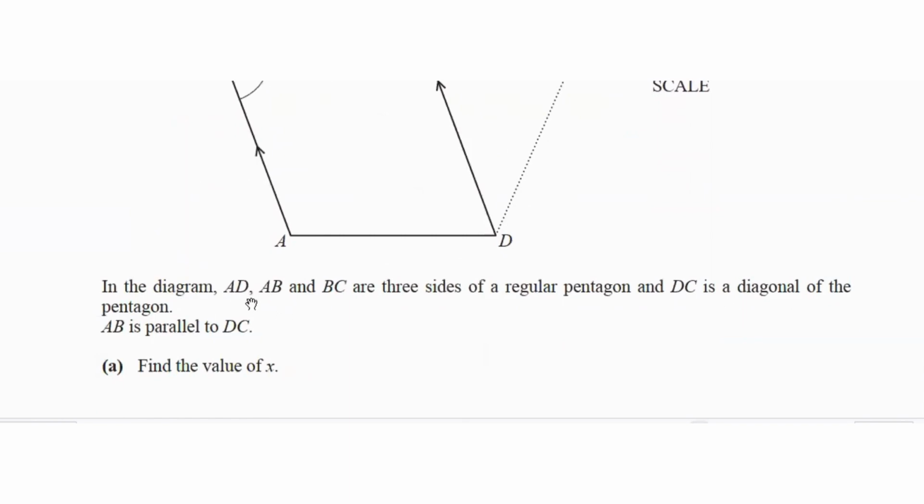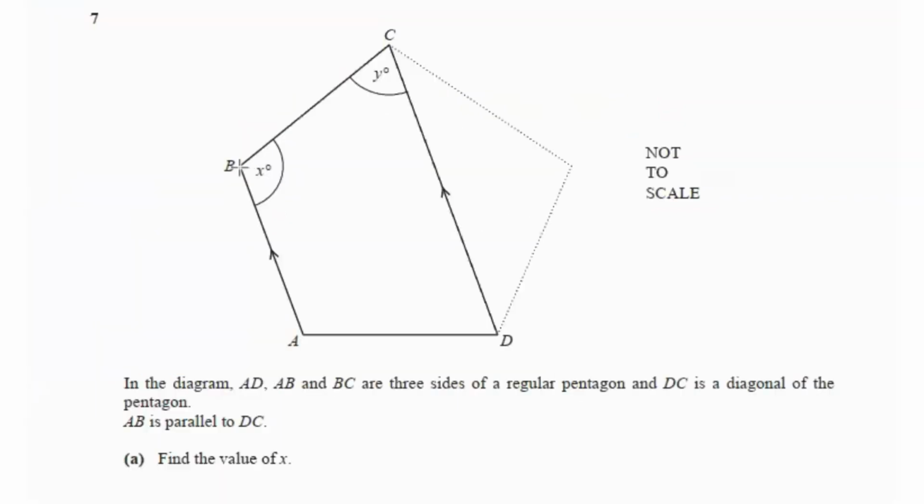Question 7 says in the diagram AD, AB and BC are three sides of a regular pentagon and DC is the diagonal of the pentagon. AB is parallel to DC. Find the value of x. AB is parallel to DC. So in parallel lines, if we write the properties over here, alternate angles are equal.